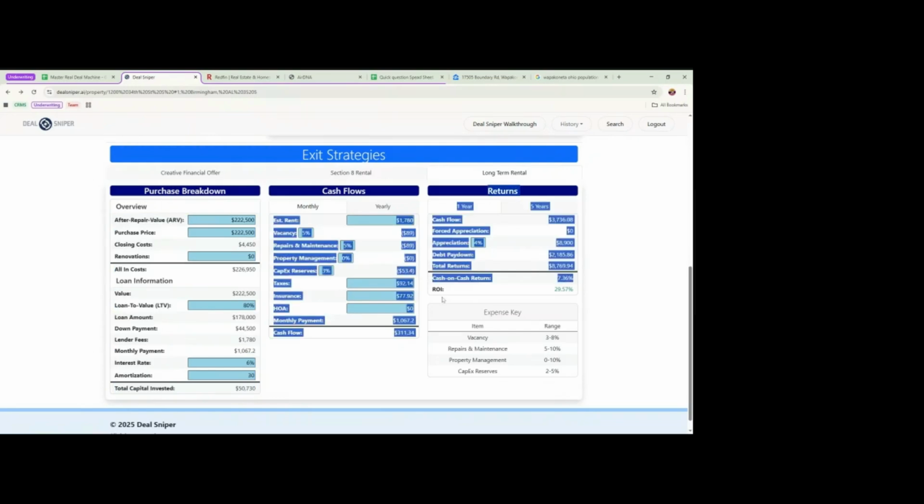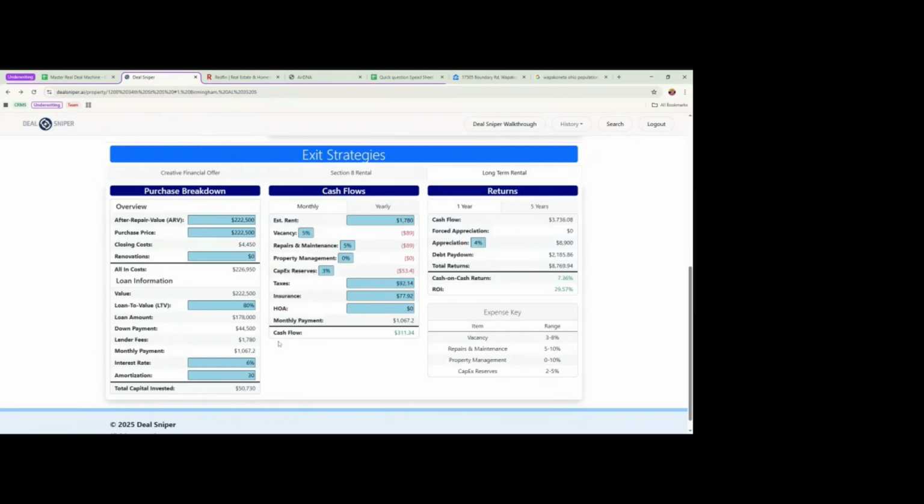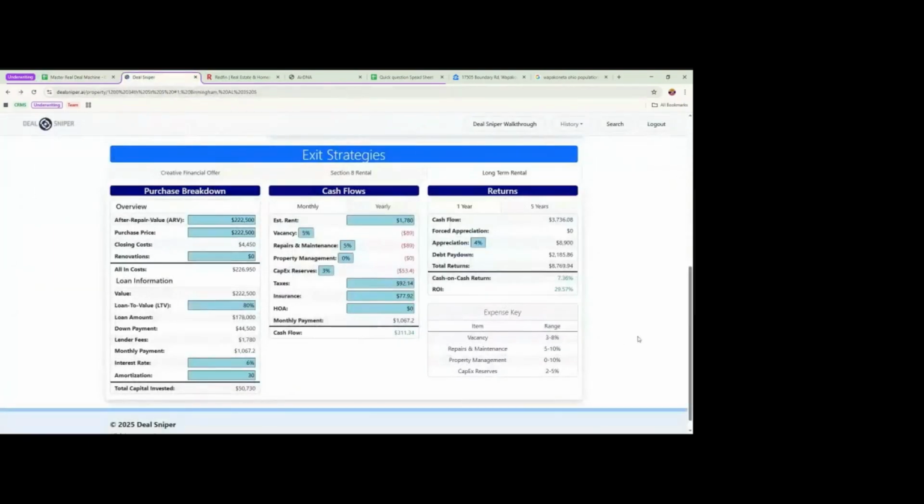What I found is that when Deal Sniper says the cash on cash return is 5% or more, then once you put it into the Deal Machine calculator, which doesn't have that fictitious mortgage, the numbers usually end up being significantly better. I'm willing to bet if I put this deal into the Deal Machine calculator, the cash on cash return would be probably 15% or more, because it isn't calculating any type of mortgage. Unless we're talking about a hybrid, but you manually put that in, so it doesn't matter.